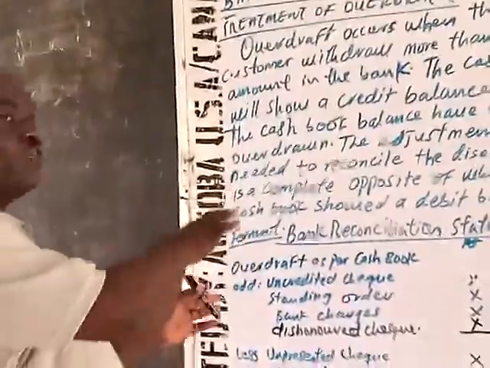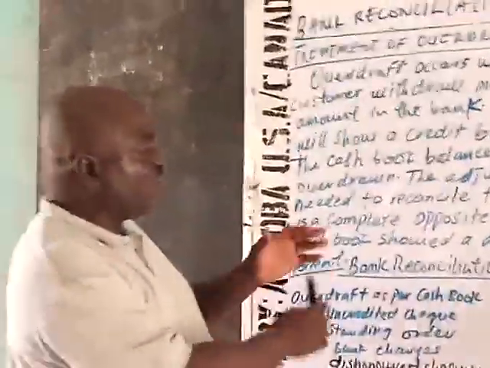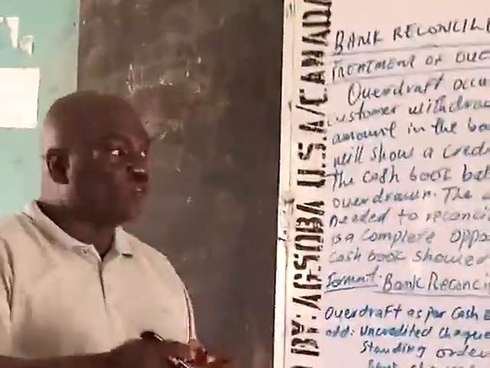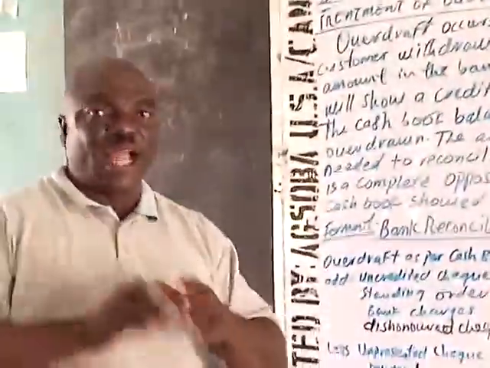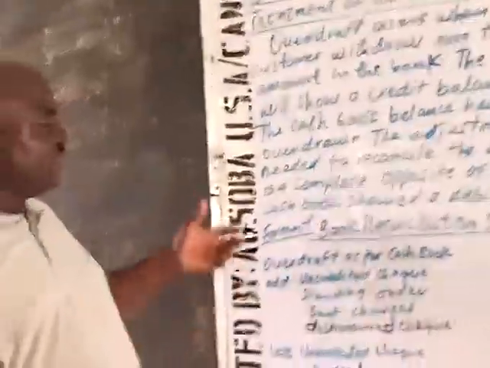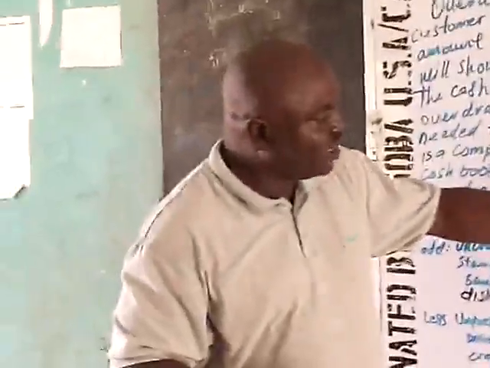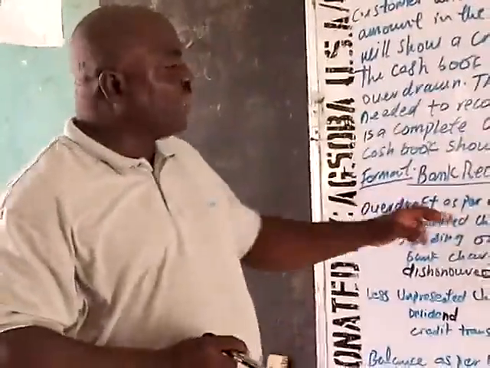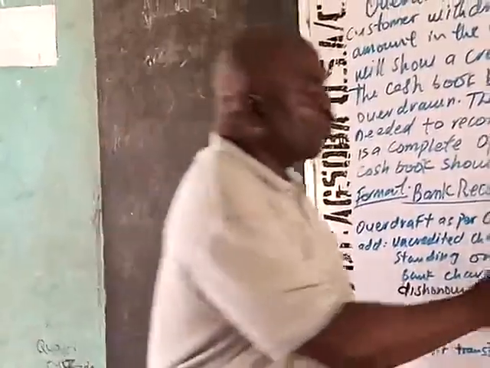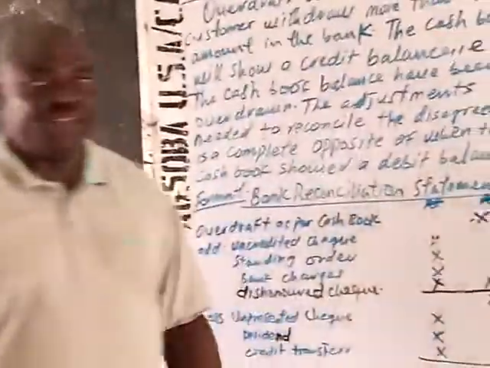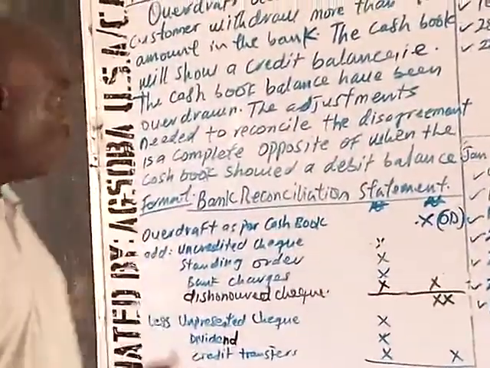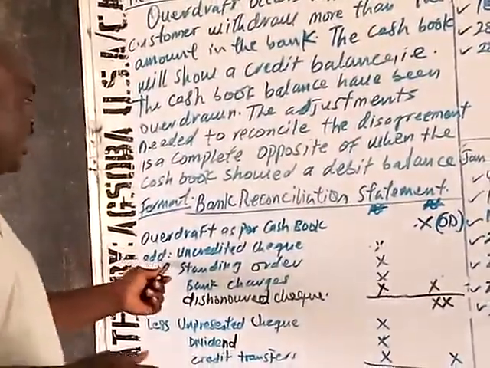Now the format. The format is the complete opposite of what we did last week, which was not an overdrawn account. This time, on the bank reconciliation statement, overdraft as per cash book must show the OD, that is, it has been overdrawn. Then you are going to have the unpresented check.